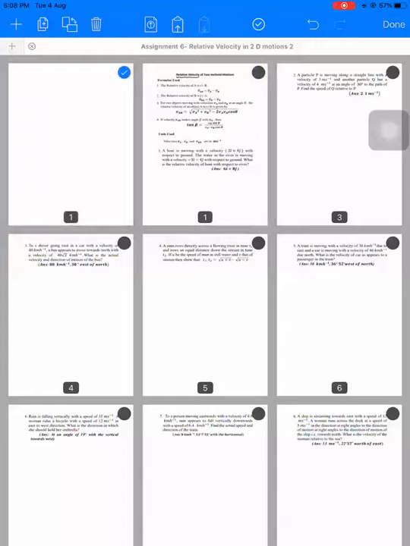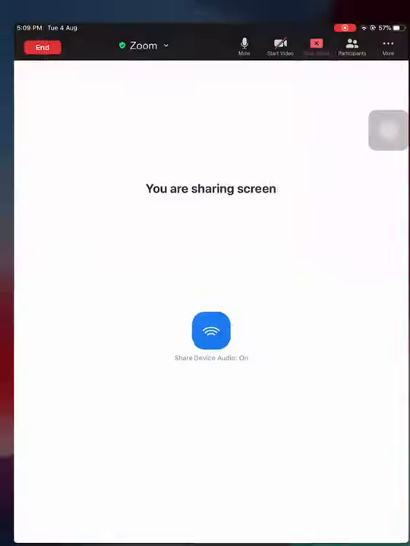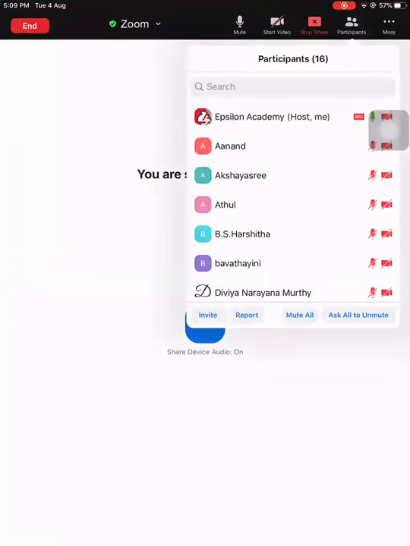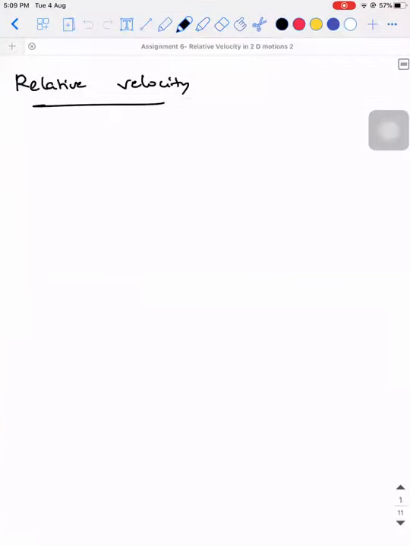So what do you mean by relative velocity? Tell me. v1 minus v2.